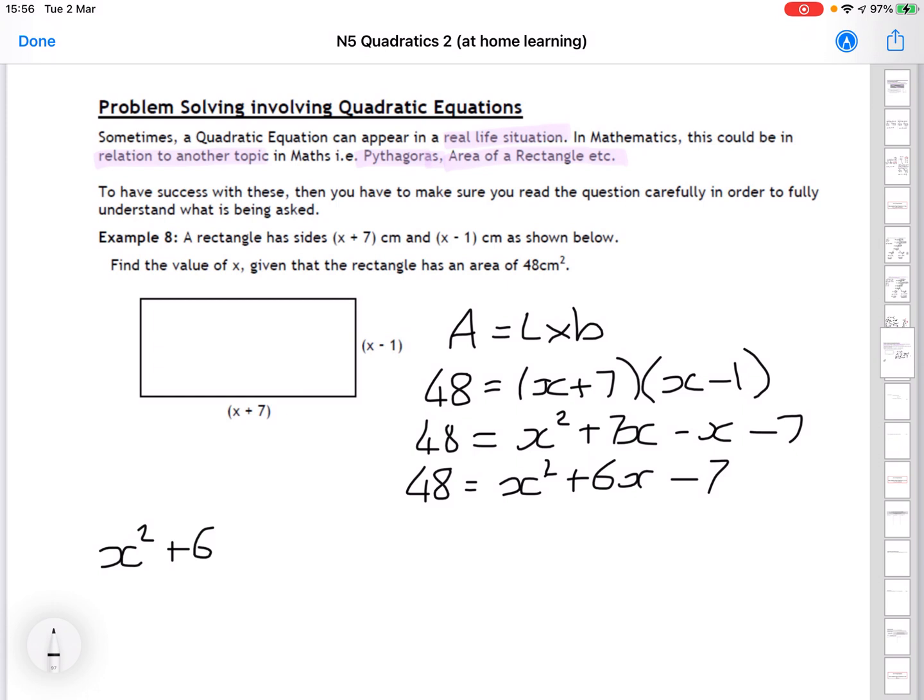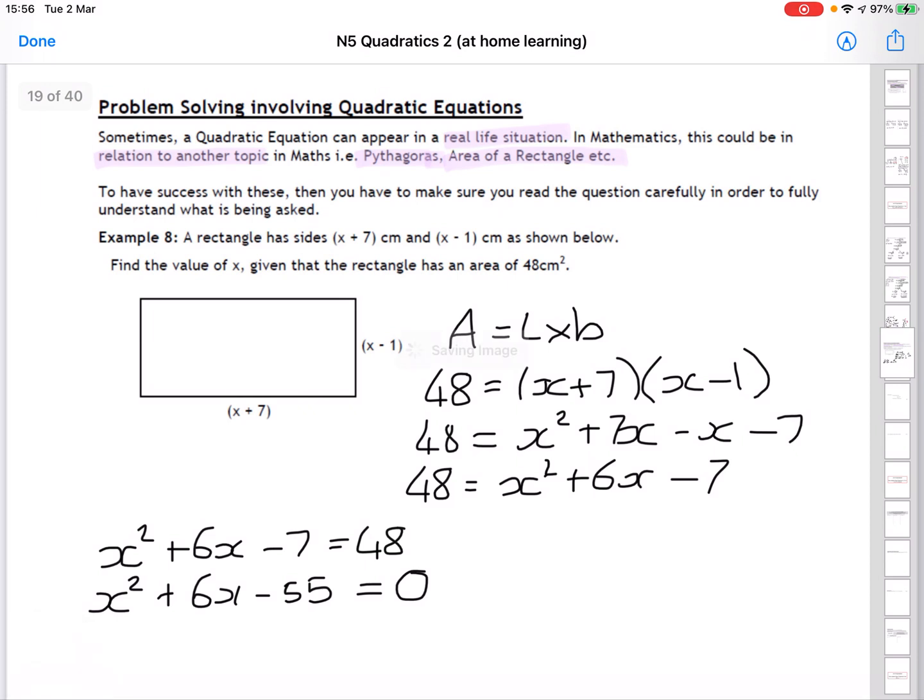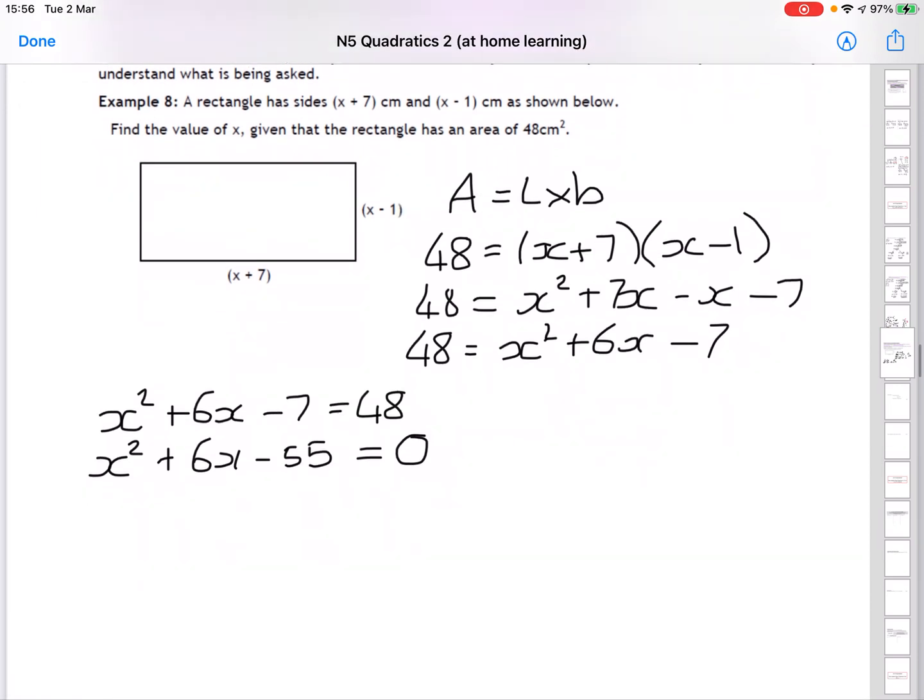So x squared plus 6x minus 7 equals 48. And then the last thing would be to bring that 48 across. So we would subtract 48 from both sides. So minus 7 minus 48 is minus 55 equals 0. This is now ready to factorise and solve.